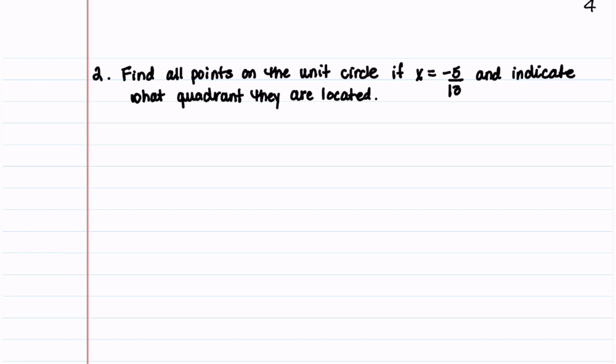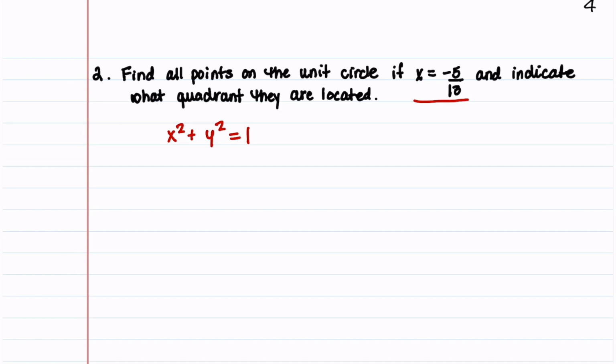In our second example, we need to find all points on the unit circle if x is minus 5 over 13, and then indicate what quadrant these points are located in. Just like we did before, we begin with the equation for the unit circle, x squared plus y squared is equal to 1.